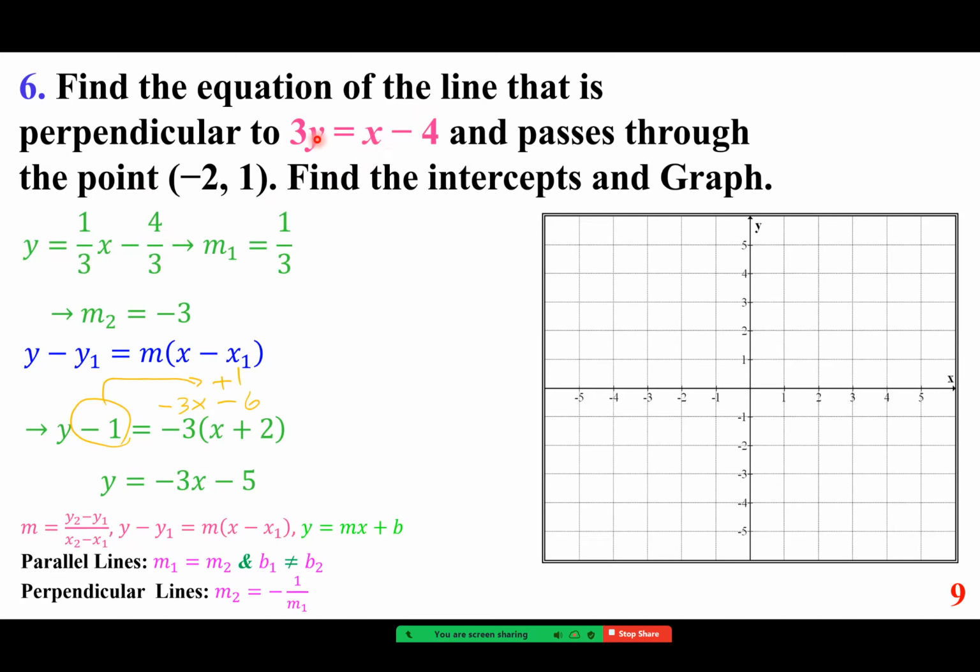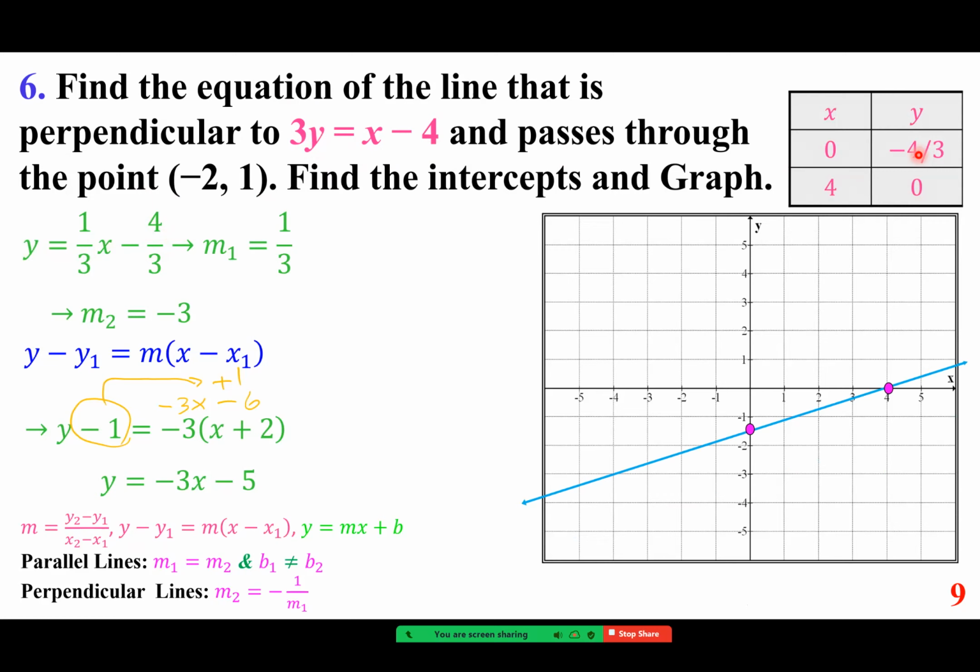And if you set y equal to 0, x becomes 4. So again, set this one equal to 0, x becomes 4. 4, 0, 0, -4/3. We pinpoint those pairs, we put them together, and that is the original line given.